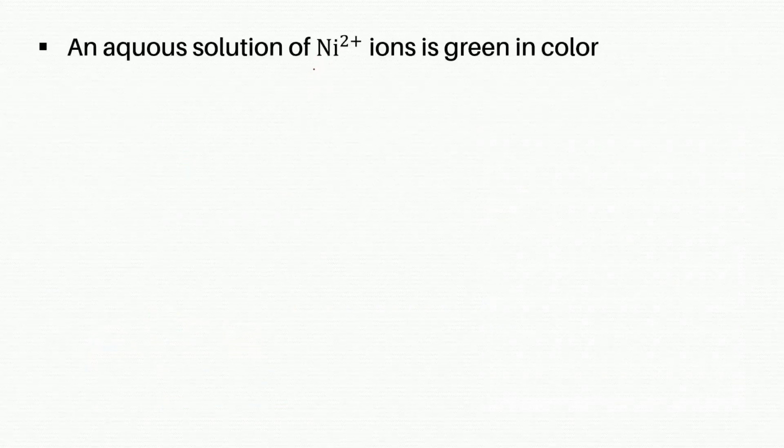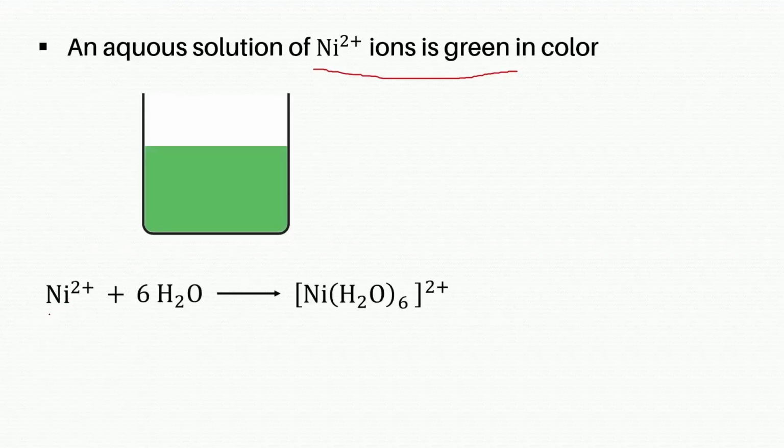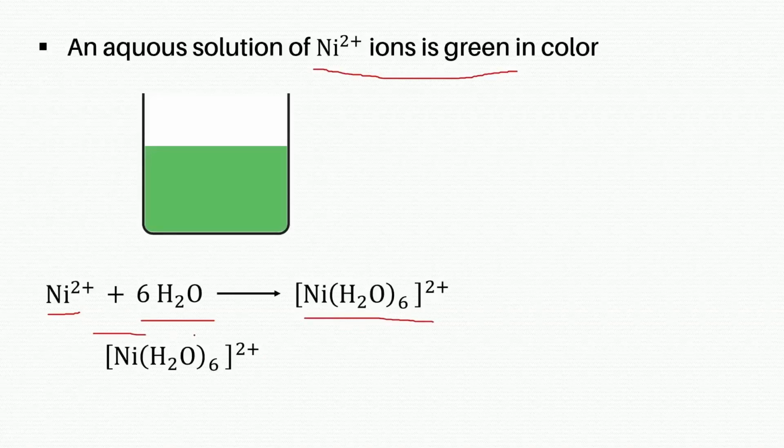Then the aqueous solution of nickel 2+ ion is green in color. This is the green color. Ni2+ ions can combine with water molecules to form this complex ion, [Ni(H2O)6]2+.